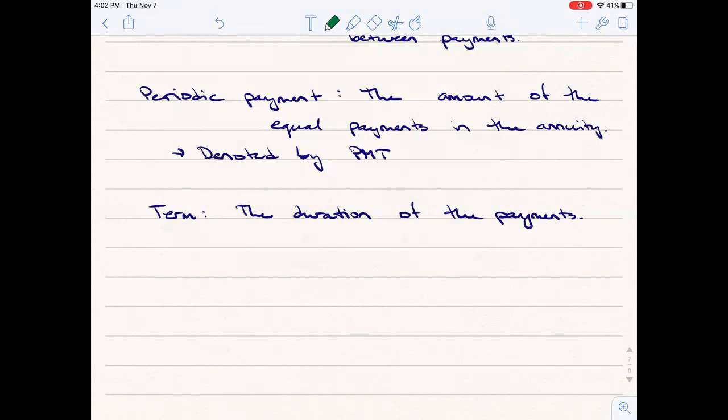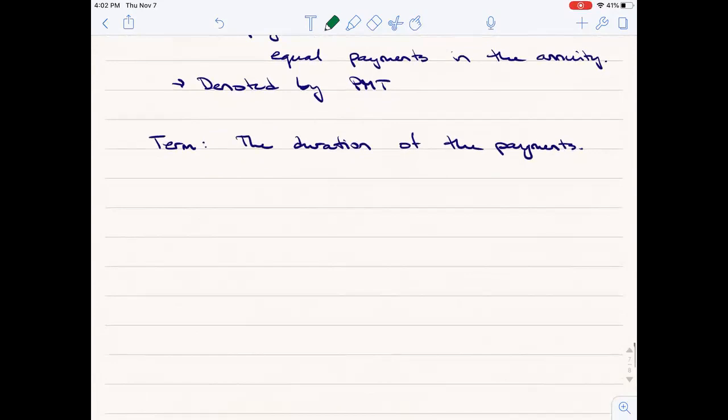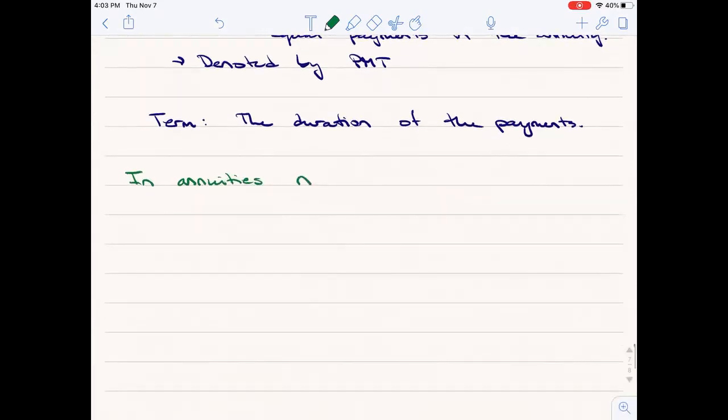If you think about it though, that's because we're going to change our compounding frequency to match our payment frequency, and so they'll be the same. So I'll just highlight it here. In annuities, n is used to denote the number of payments.